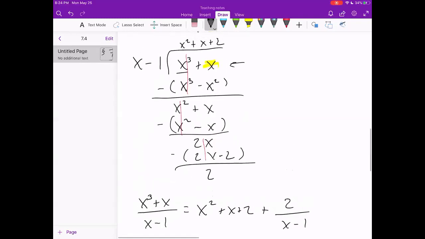So if you have x cubed plus x divided by x minus 1, it's going to be this plus the remainder divided by the divisor there.